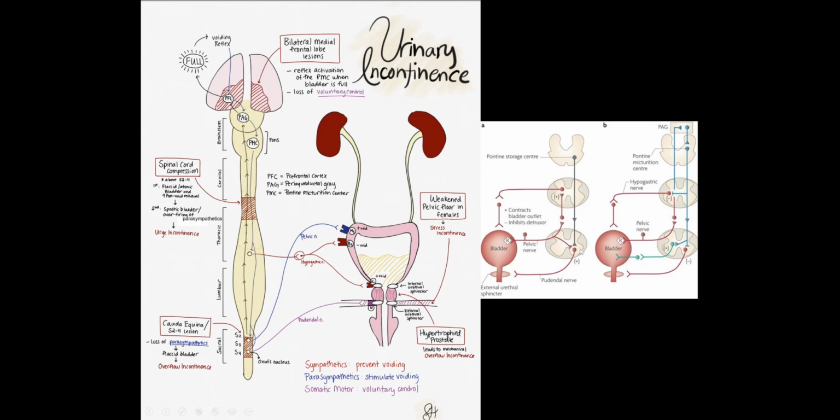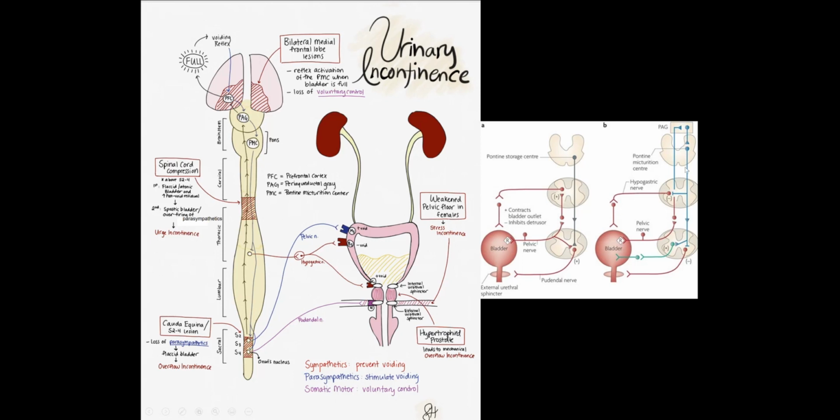And so it stimulates these Onuf's anterior horn cells here, so that we have constriction of the external urethral sphincter.